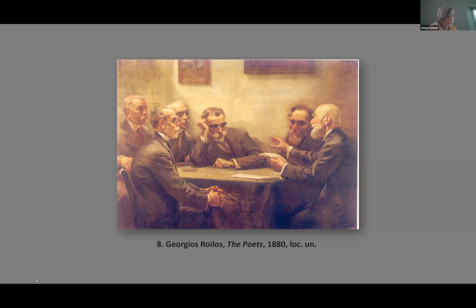So this is definitely an interesting painting for Greek people because it represents the most important poets of the time in Greece. That group are identified, but you wouldn't know too much, but they really are the most important representatives of the new Athenian school of poetry.